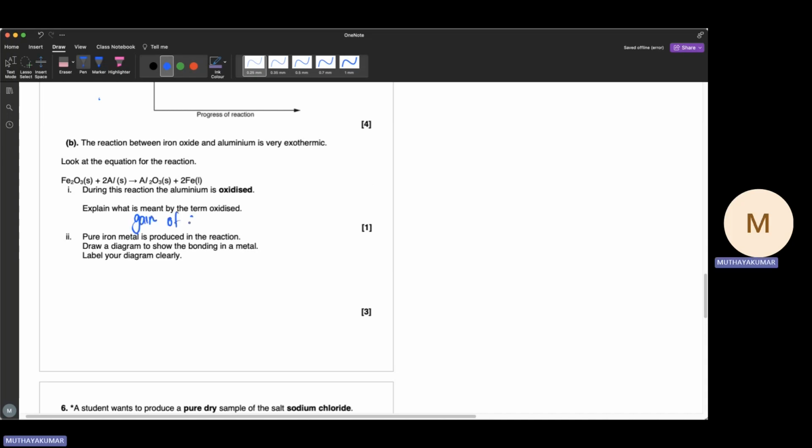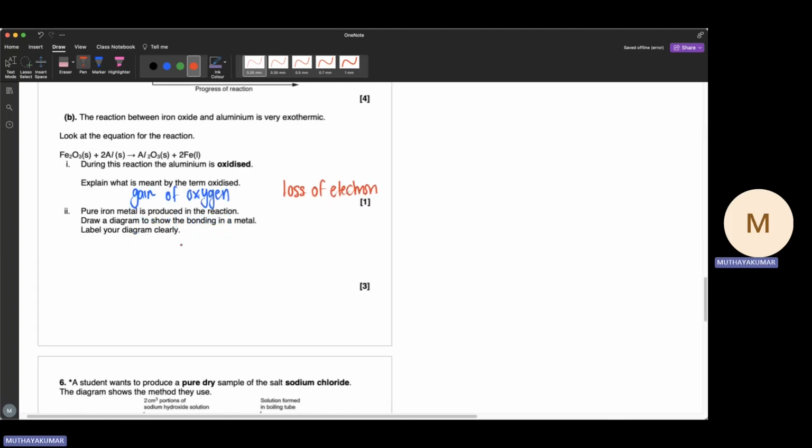So gain of oxygen. If you wanted to, you could also define it in terms of electrons, and oxidation is the loss of electrons. So both of these are fine. You could define oxidation in either way. Most of you would have learned the one in blue, so gain of oxygen.